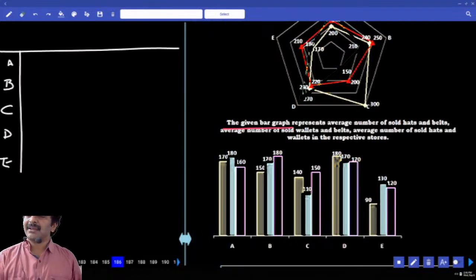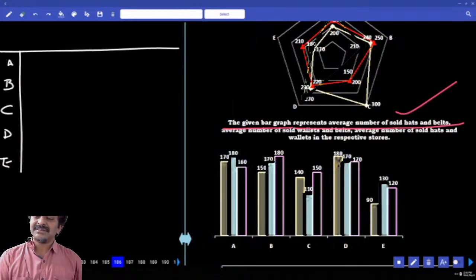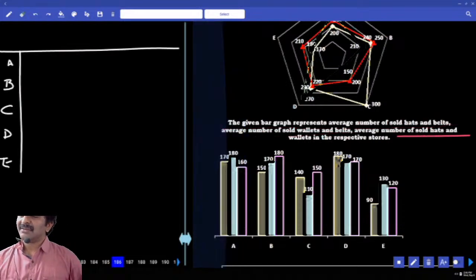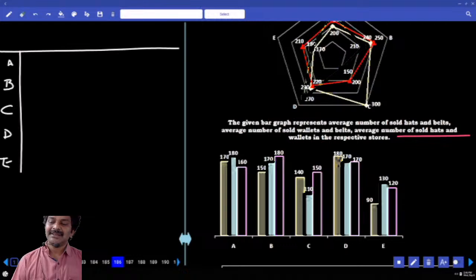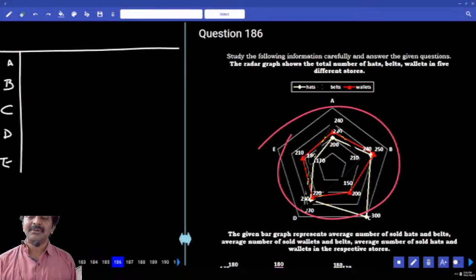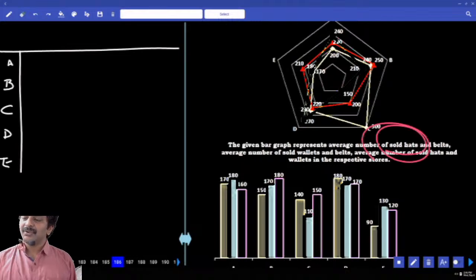The given bar graph represents the average number of sold hats and belts, average number of sold wallets and belts, average number of sold hats and wallets in the respective stores. See, the first radar graph is about total number. Now the line graph is about sold items.